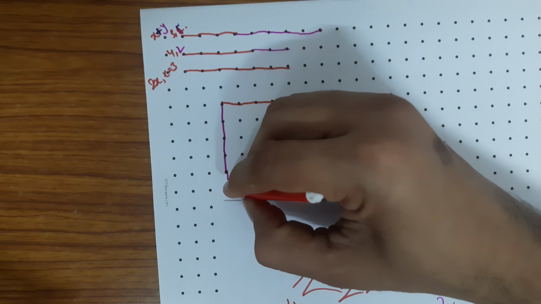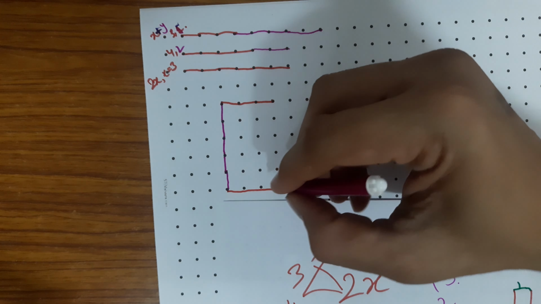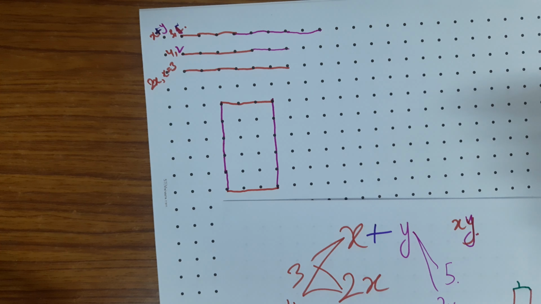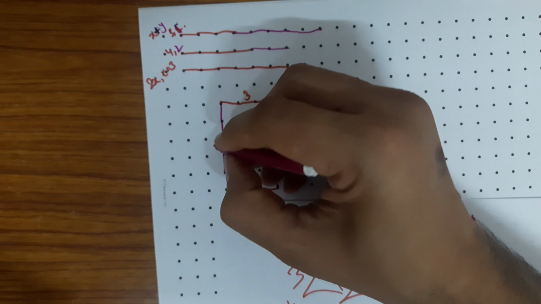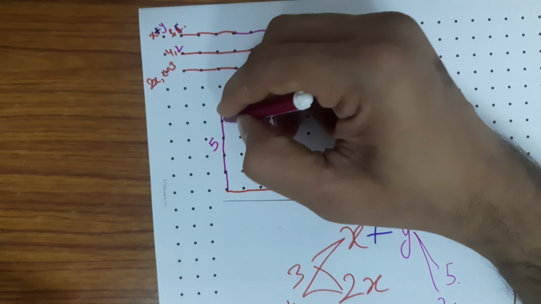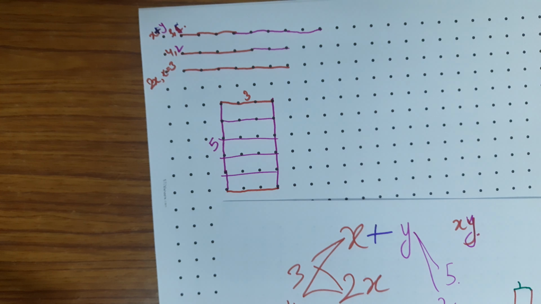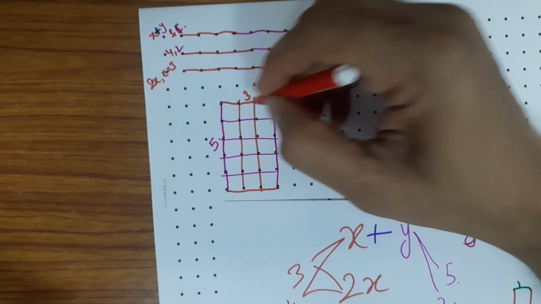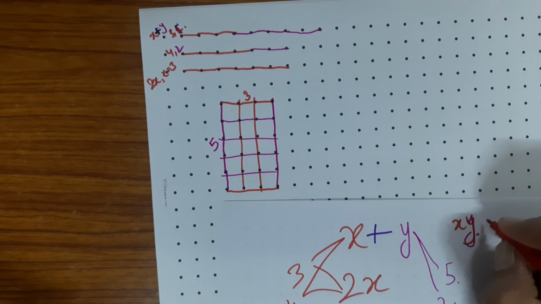Then when I make the shape, I will be able to correlate it with the algebraic tiles, because there are 15 squares. That is 3 times 5, and they can count the squares, of course. So that's 5 and that's 3. So that's 15 boxes. That's the area. So the product becomes an area.